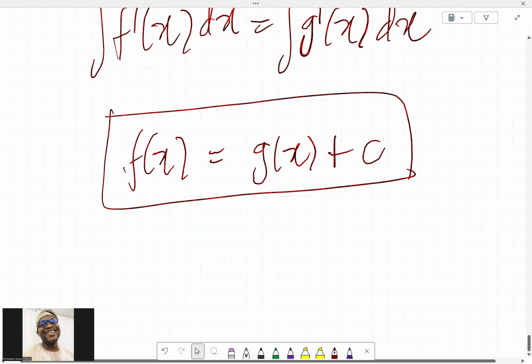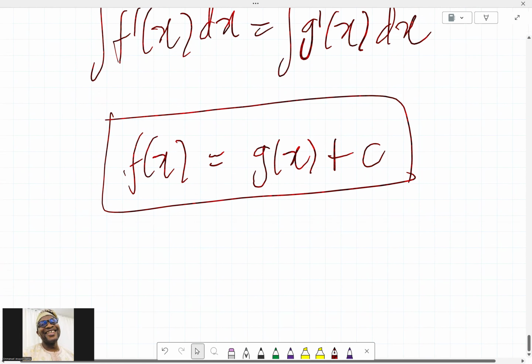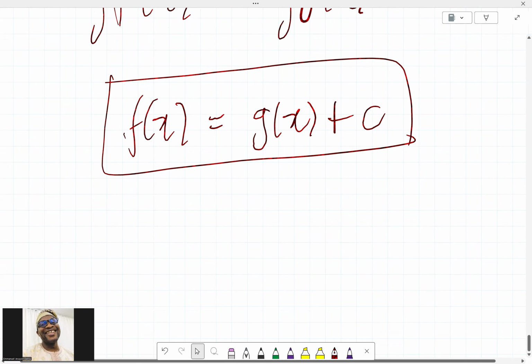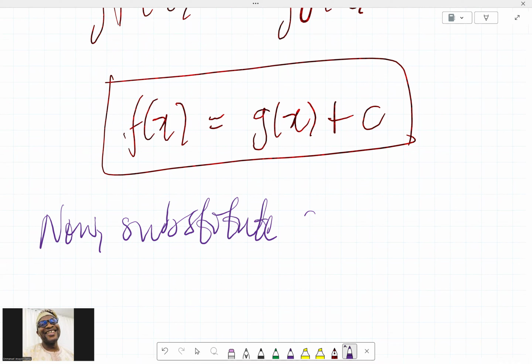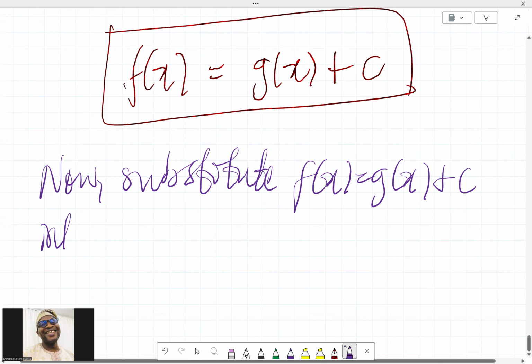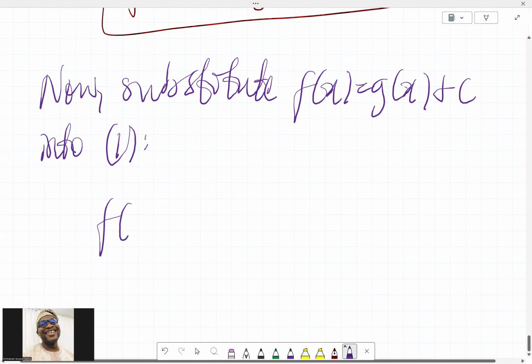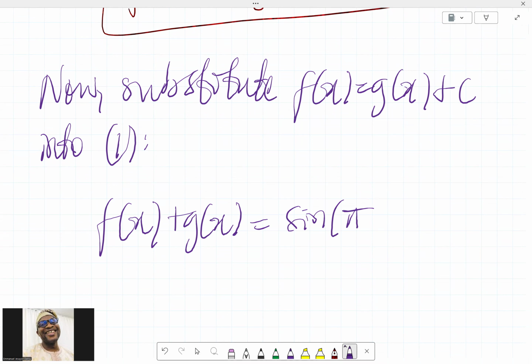Now substitute f of x equals g of x plus c into equation 1. If you remember, equation 1 is f of x plus g of x equals sine pi x.